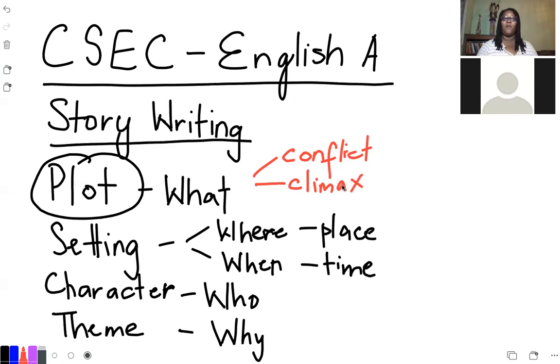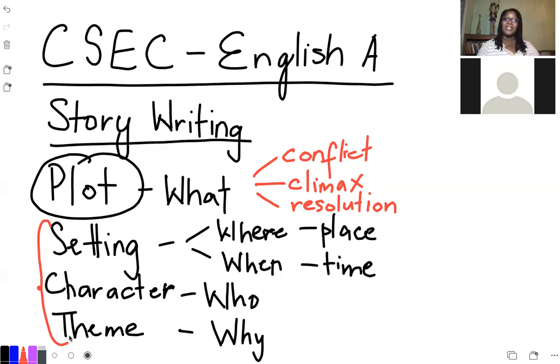This is the point at which something has got to give, something has to change. And then shortly after the climax, where everything is wrapping up, that is where you have your resolution taking place, right? So with the plot of the story, this is pretty much the backbone of the story, and it guides these 3.